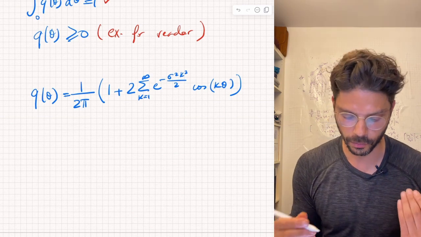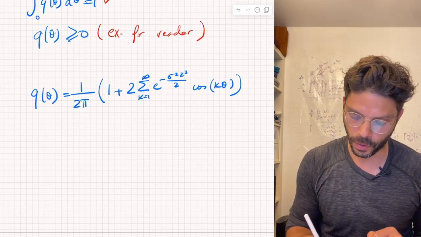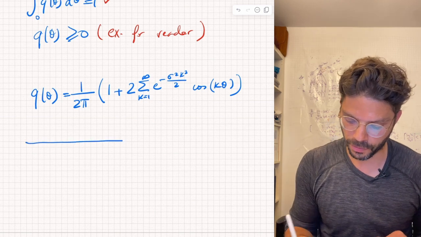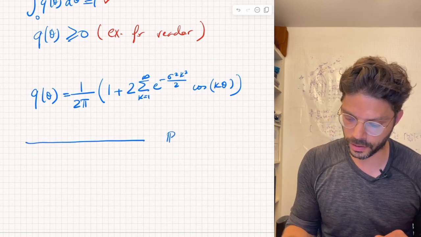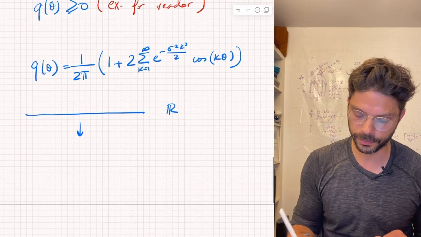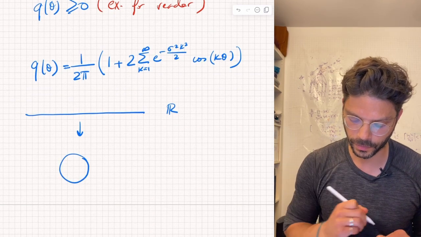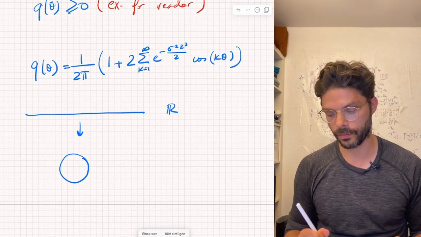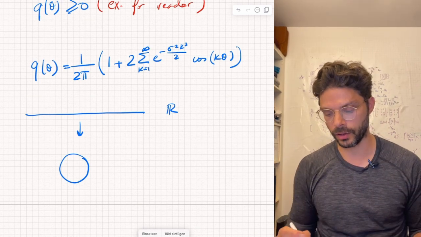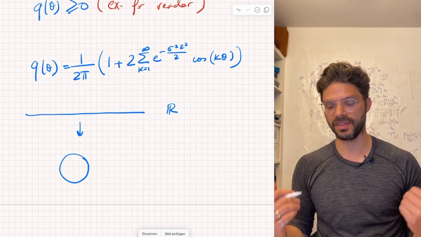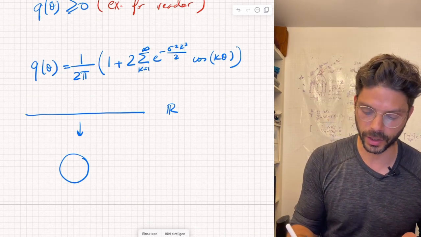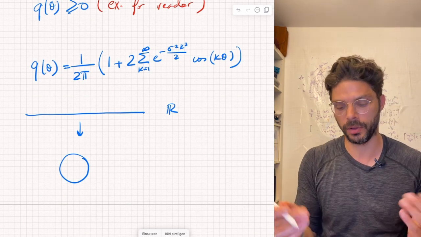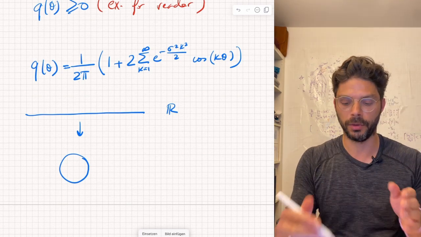So one thought you might have would be that when we're going from the real line, so this is R, to the unit circle, maybe something similar happens. Here we're describing a normal distribution, and the normal distribution is symmetric.